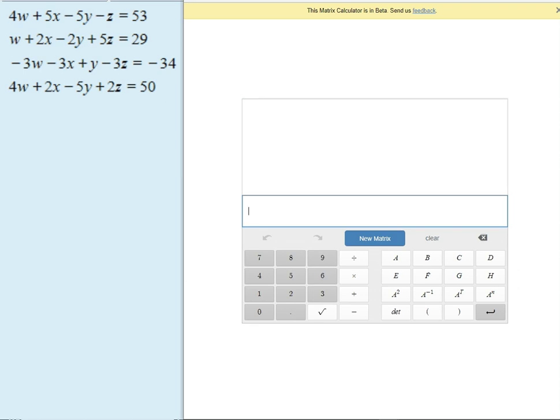Okay, here we go. So the matrix calculator now, here's our 4x4 system.